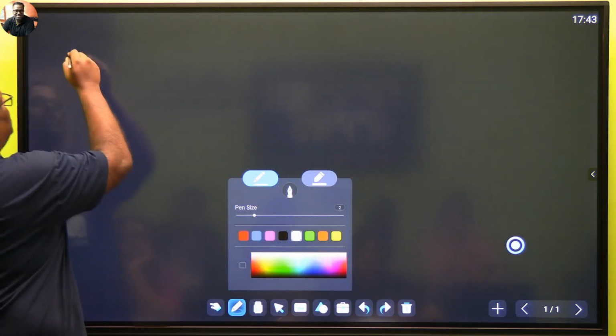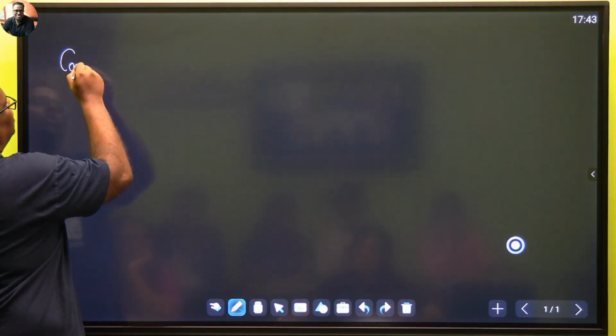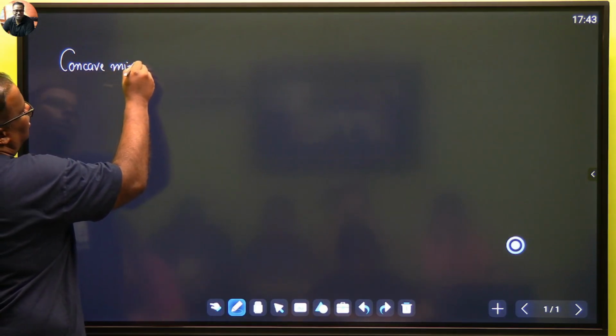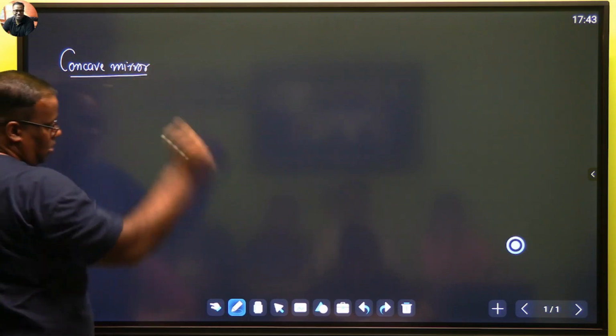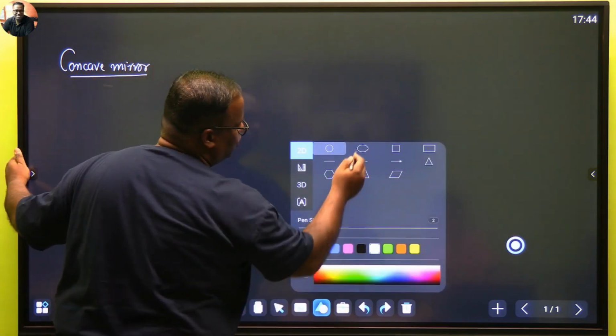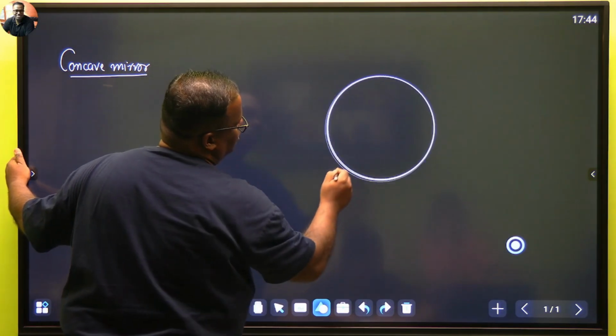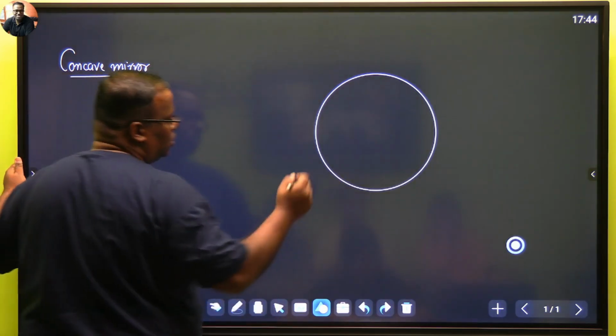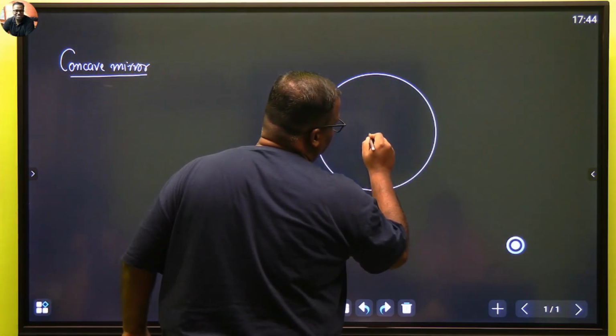Okay, so I start with concave mirror. Okay. So let me draw the sphere from which my mirror has come out. This is my sphere, and I'm trying to take a portion of it. So the sphere definitely will have a center.